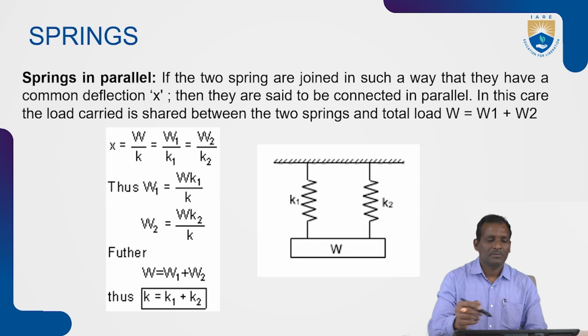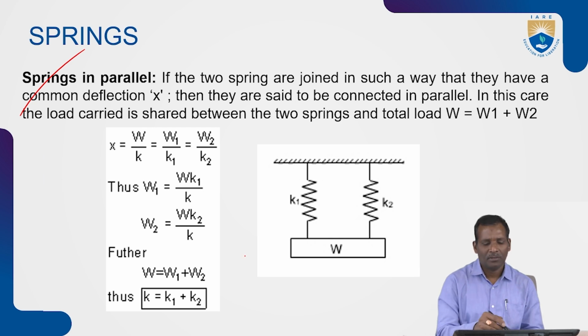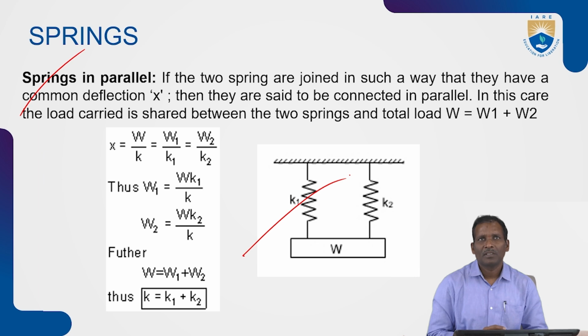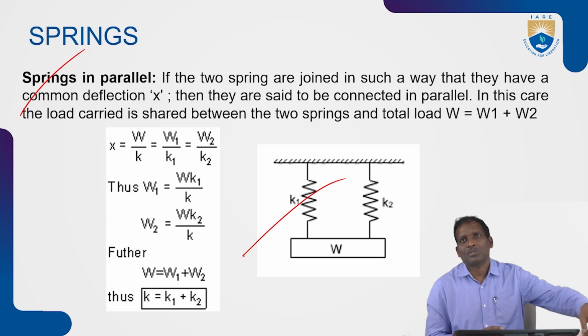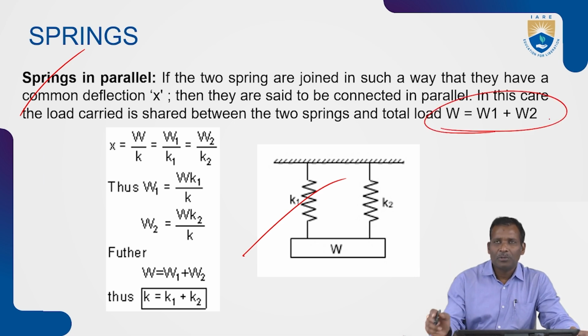Similarly in parallel, if two springs are joined in such a way that they have a common deflection x or delta, they are said to be connected in parallel, as shown in the figure. In this case, the load is shared between the two springs and the total load W is equal to W1 plus W2.